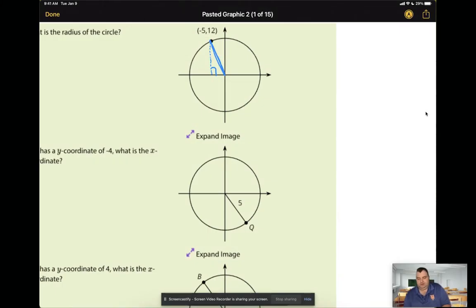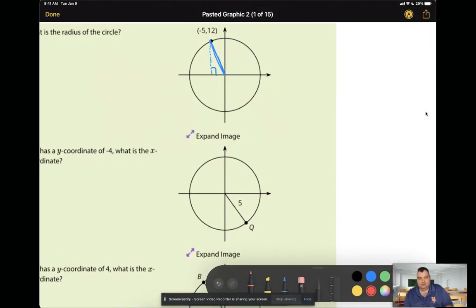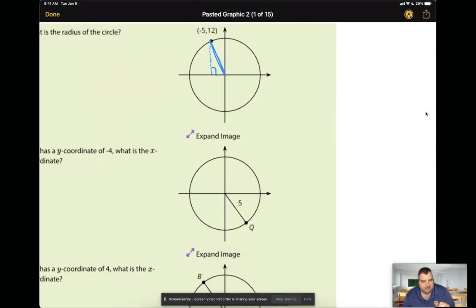Okay. We know that in -5, 12, -5 is my x value and 12 is my y value. Okay. X value is horizontal distance. So on the triangle, -5 is actually going to be the length of this side of the triangle.